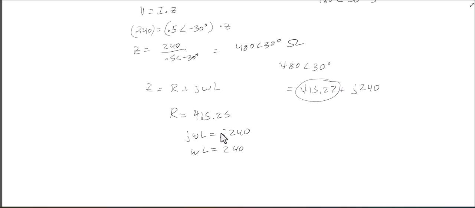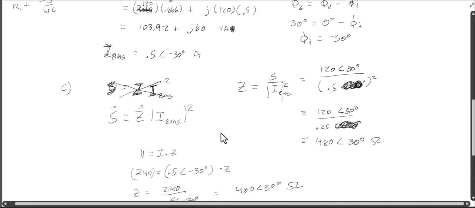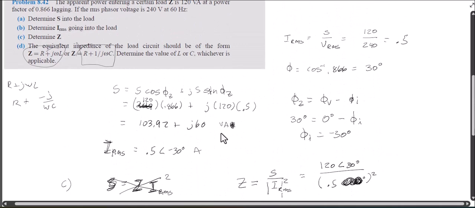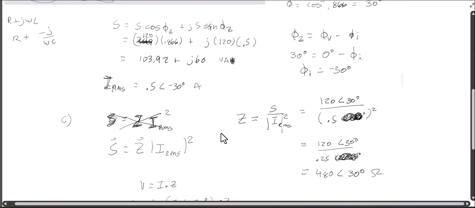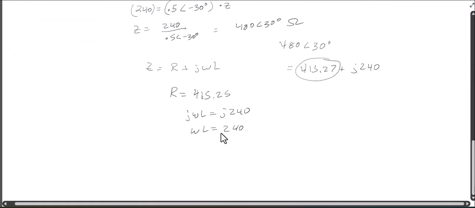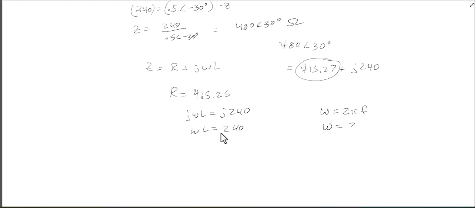Now if we go back and look at my problem, it says that we're at 60 hertz. Hertz is the frequency, not omega. So omega equals 2 pi times the frequency. So omega is 2 pi times 60, or omega is 120 pi.